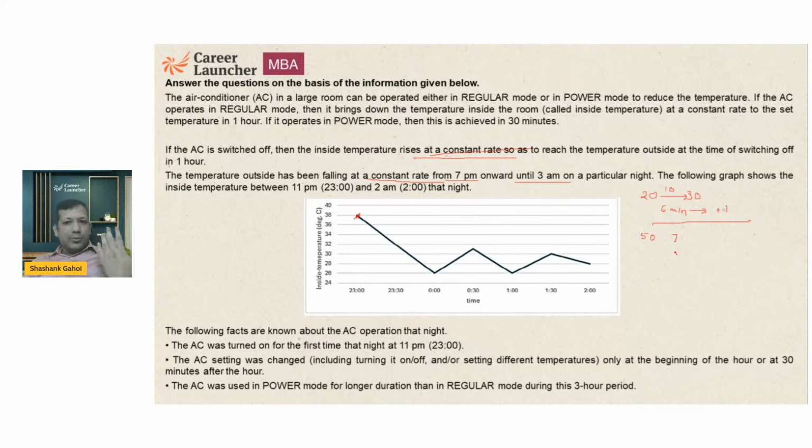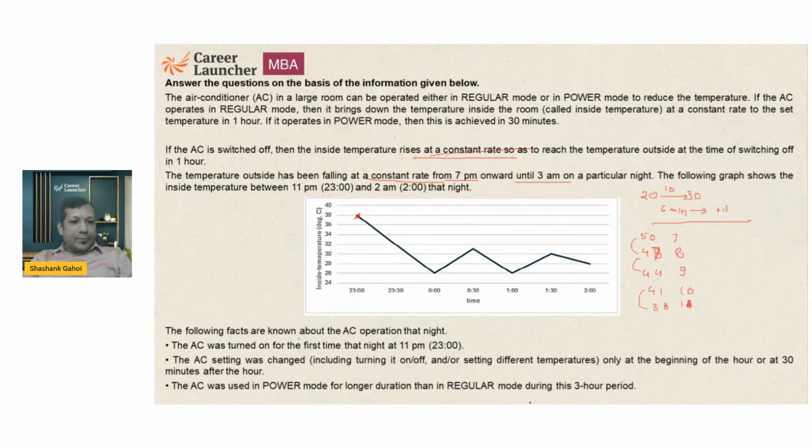At 8 o'clock, it has gone down to let's say 47 degrees. Then at 9 o'clock, it is going to be 44. It is going to be decreasing at a constant rate. At 10 o'clock, it is going to be 41. At 11 o'clock, it is going to be 38. So these kinds of things are given to us.